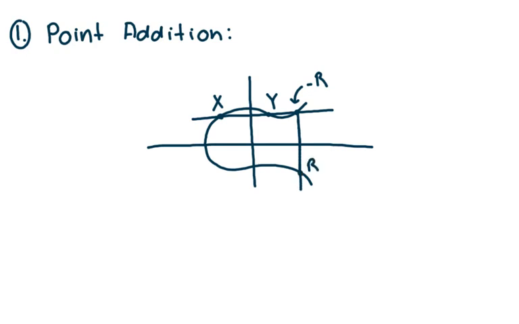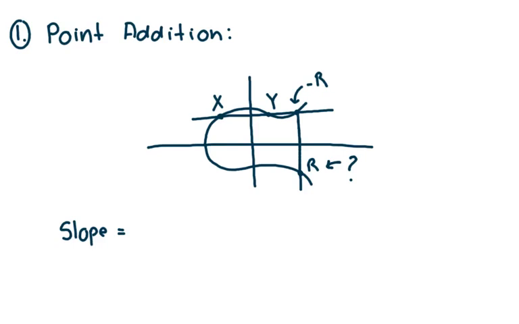So now, given the coordinates of points x and y, how is it that you actually compute the coordinates of point r? Well, if we're working with some elliptic curve E that's defined over the integers modulo some prime number p, then the first thing that we need to do is compute the slope between points x and y modulo p.